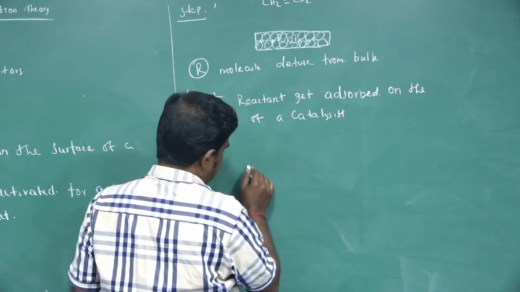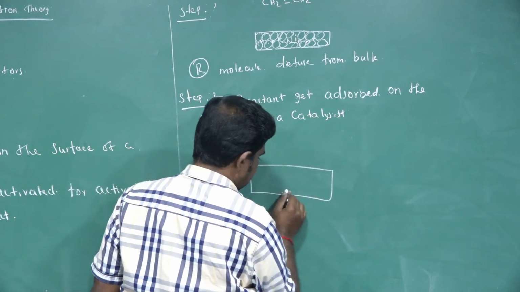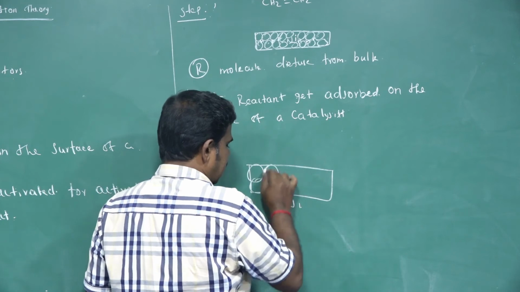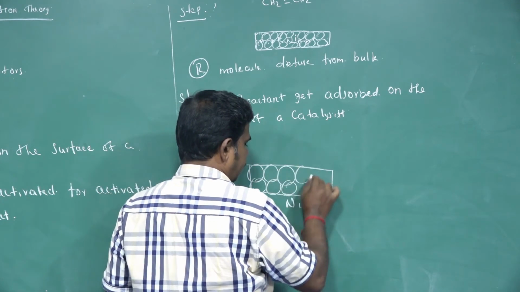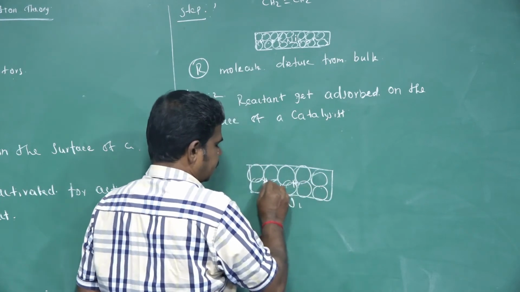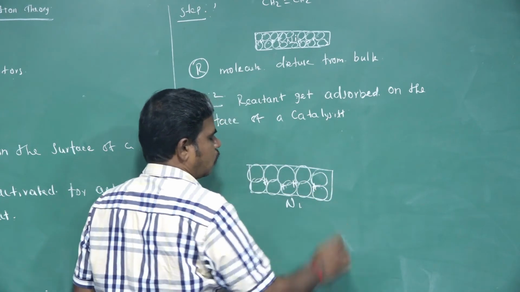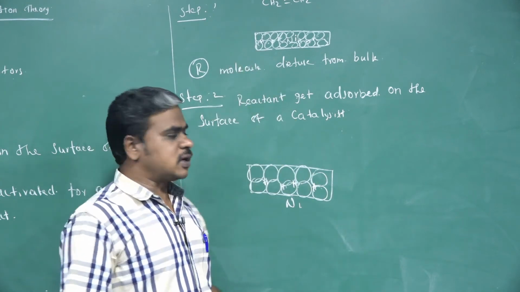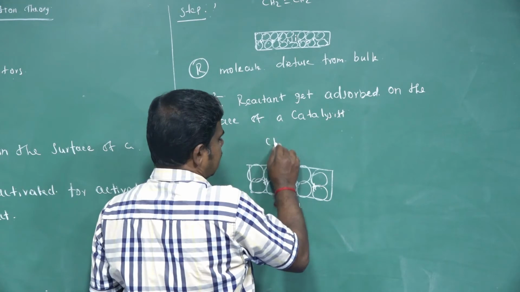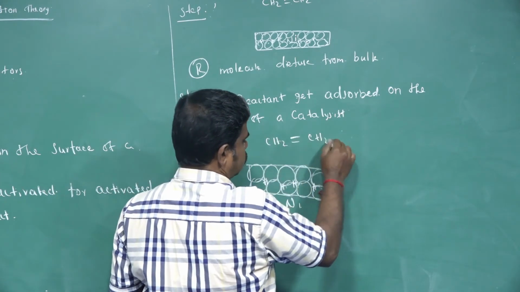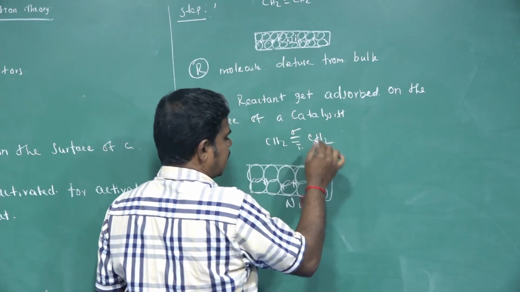Listen, here there is nickel, and hydrogen is present in the voids. Now what will happen? The ethylene molecule gets adsorbed. Ethylene is CH2=CH2, with a sigma bond and a pi bond.